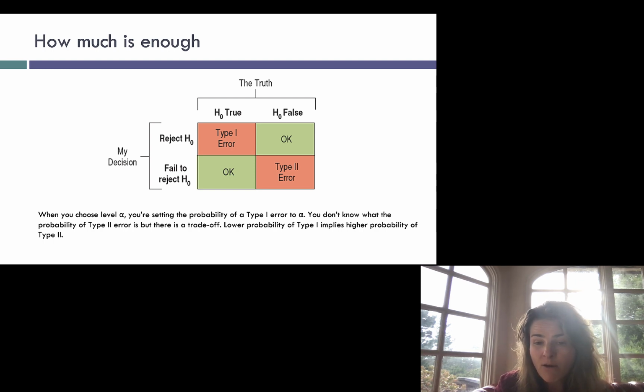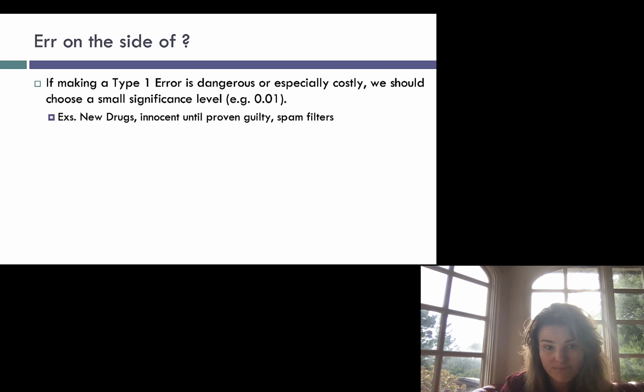We don't know how often we get type 2 errors, but there's a trade-off that occurs there. So we can't set a level of our type 2 error, but we understand that we get more type 2 errors the fewer type 1 errors, and vice versa. And those type 2 errors are where we fail to reject our null hypothesis, but the null hypothesis is false.